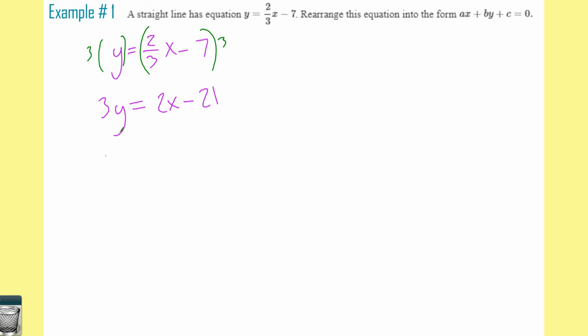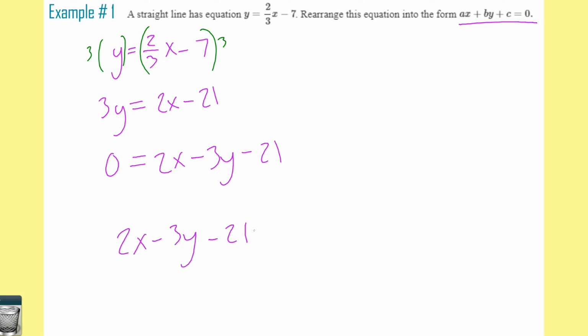Here it's probably easier to just move that 3y over. So 2x minus 3y minus 21. Now again, we should probably make sure it's in that perfect order, right? Because that's exactly the same thing. So 2x minus 3y minus 21 equals 0.